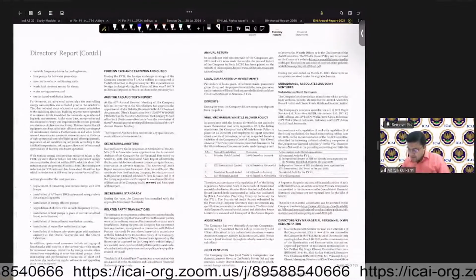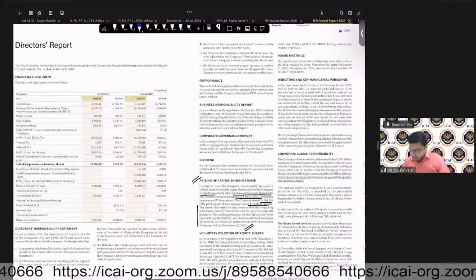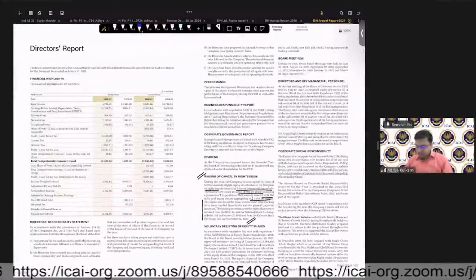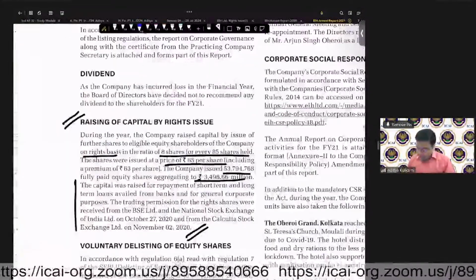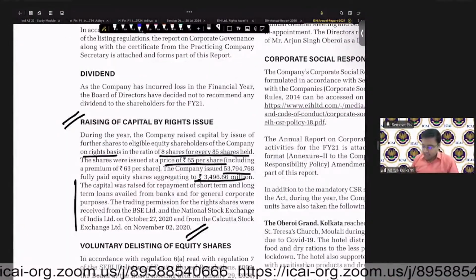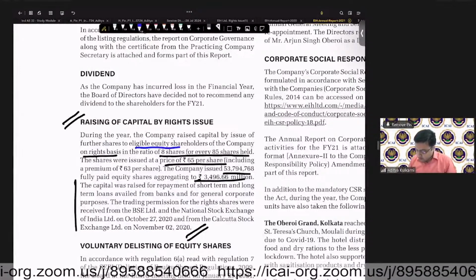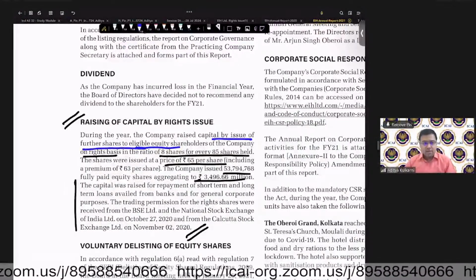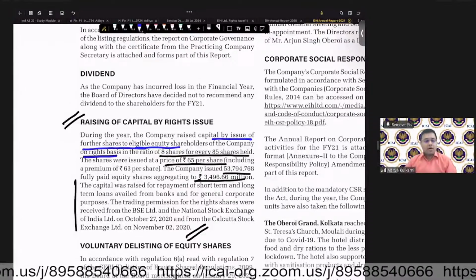This is for the year 2021. You are given this data. I hope it is visible. During the year, the company raised capital by issue of further shares to eligible equity shareholders on a rights basis.